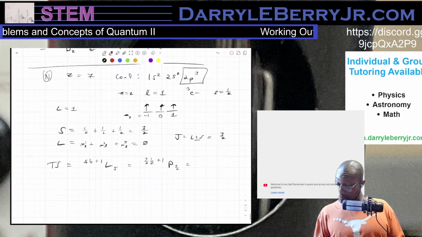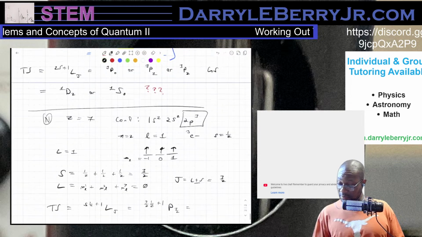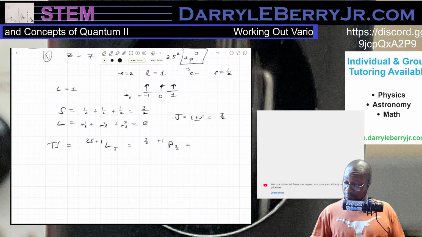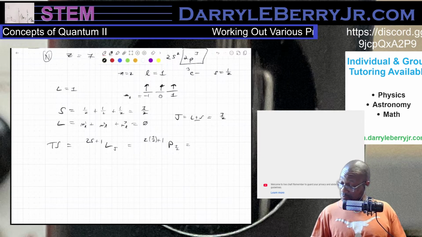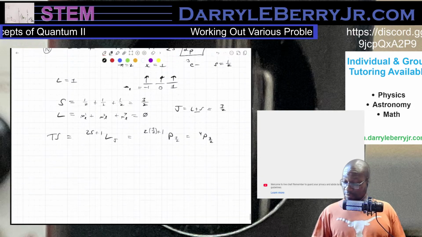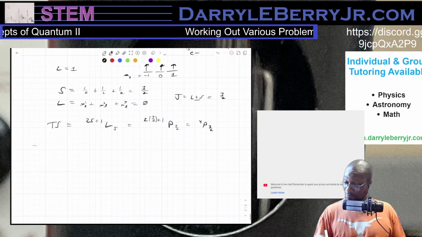Right? Feel like I'm messing something up. That's what it is. So now 1/2 is 2s, 2s plus 1. So there's 2 3/2 plus 1. So that is 4 p 3 over 2. Okay, it adds up. And we'll do the last one.